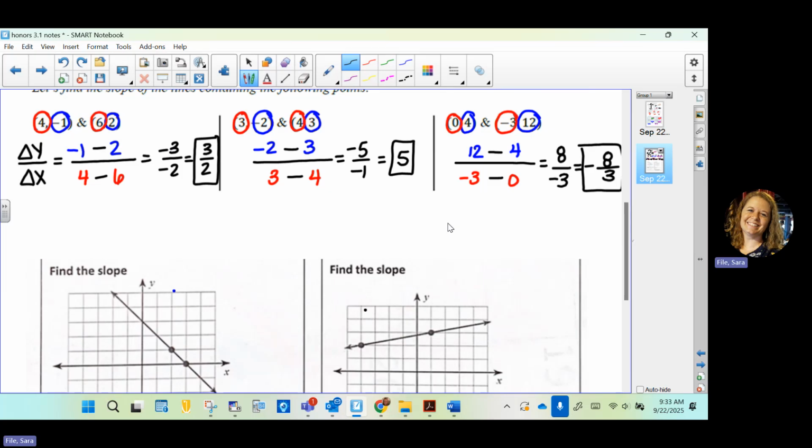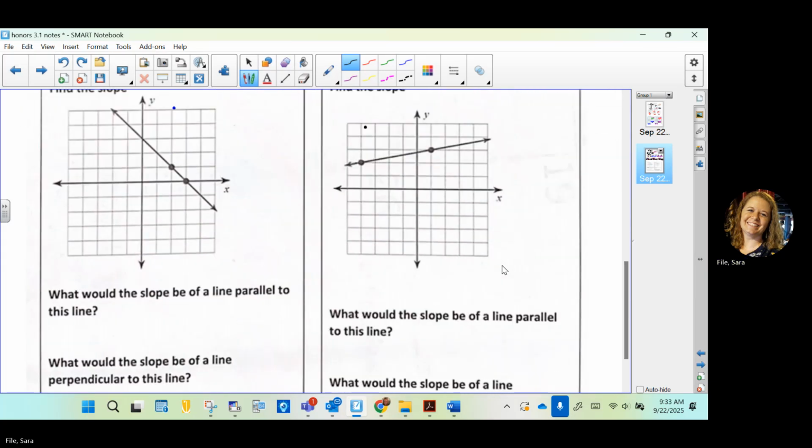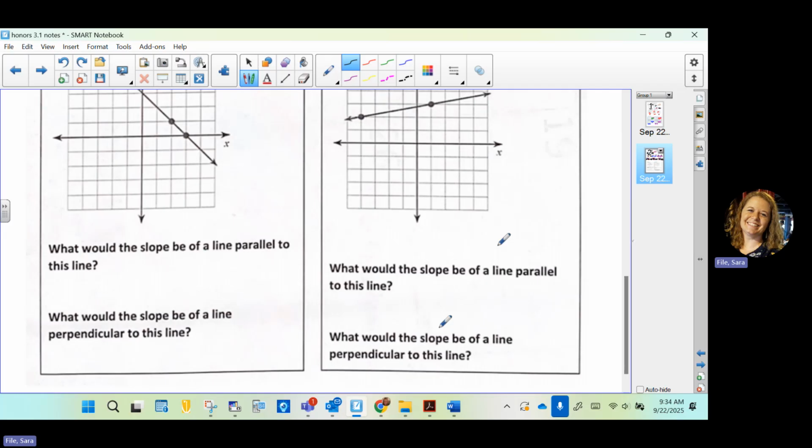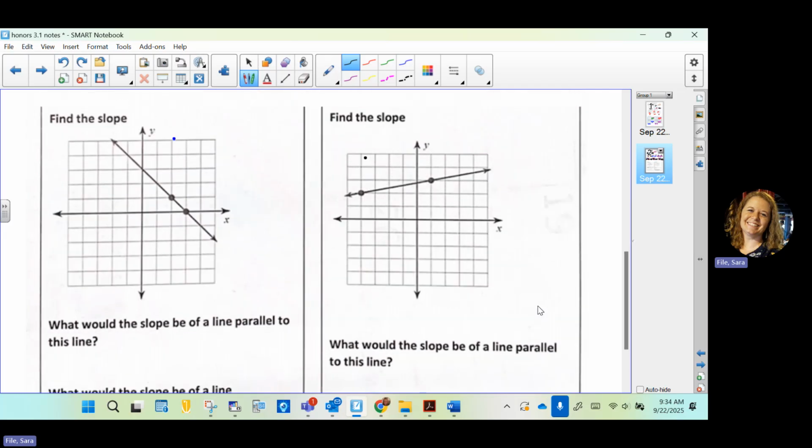So change in y over change in x, rise over run. Graphically, you're just counting rise over run. Algebraically, you're doing change in y over change in x. In these last two, they want us to find the slope, and then they ask us some questions that are going to lead us into our next lesson, but I just want to see who remembers that. The first thing we need is the slope of the line.